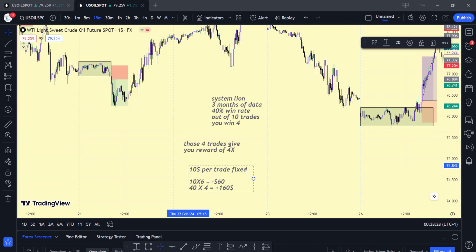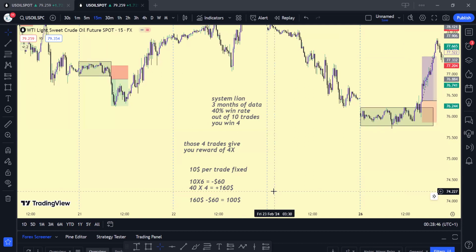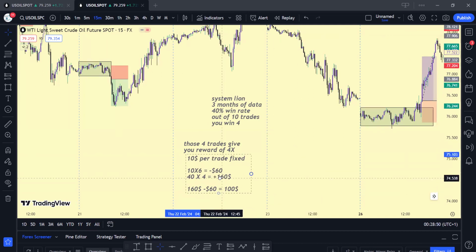This is a good system. So $160 minus $60. After 10 trades, on average, you're making at least $100. You're like, you know what, this is a good system.